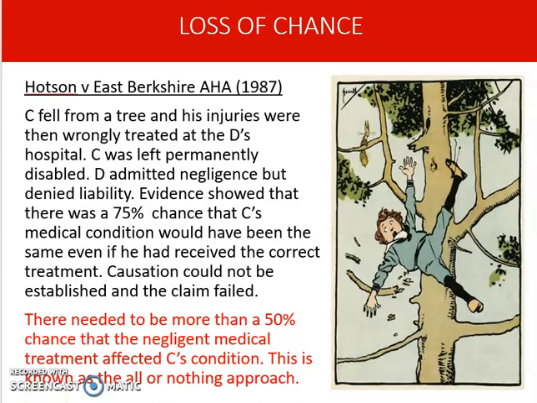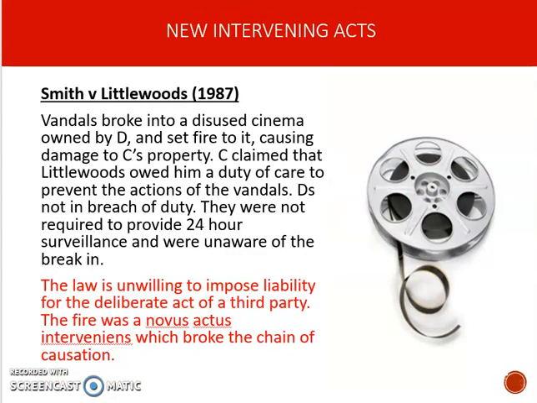The last aspect of factual causation is novus actus interveniens, which we've come across in criminal law before. And I'm sure you recall this means a new intervening act. And this simply says that if there's a new act between the defendant's negligent conduct and the damage, then that can break the chain of causation.